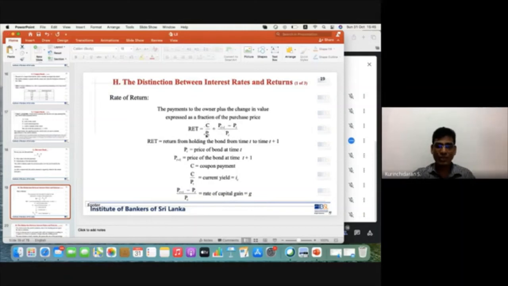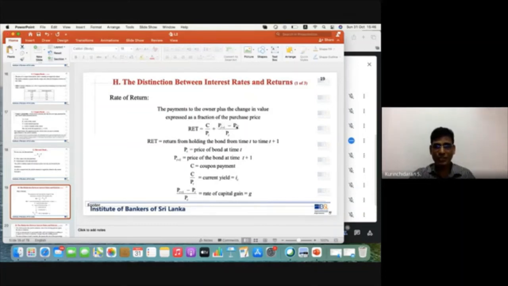Actually, this is not the present value I'm talking about. This is the yield rate I'm talking about here, right? C, the coupon, divided by the price of your bond. That is the yield rate. And then what is the percentage you are earning from your capital gain? So P_t means today's price. P_t+1 is tomorrow's price.